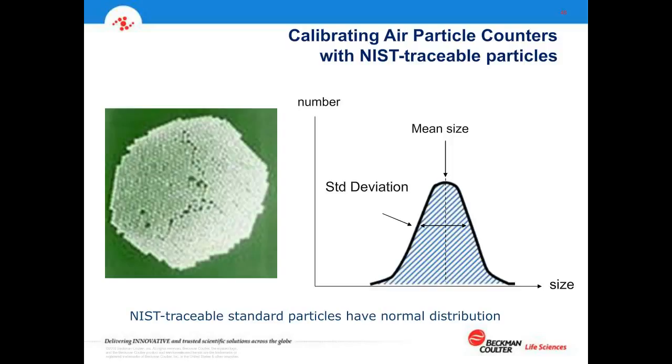And in order to calibrate these, we can't just grab particles out of the air. Rather, we use very well-sized particles. These are usually PSL or polystyrene latex spheres that have been aerosolized, put out into the air. And even though they're very, very tightly controlled, they do have some standard deviation about it.